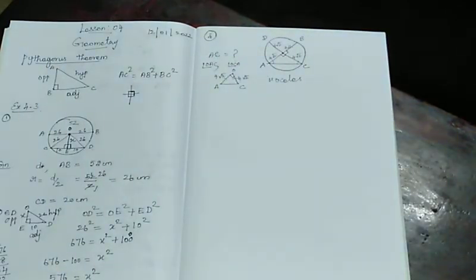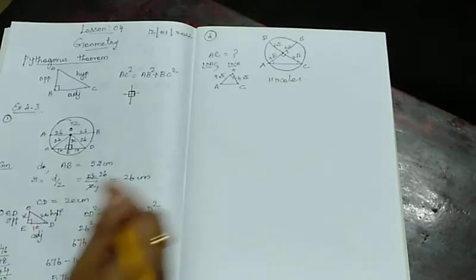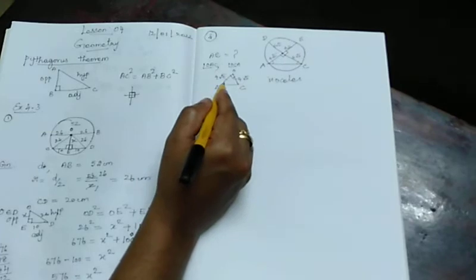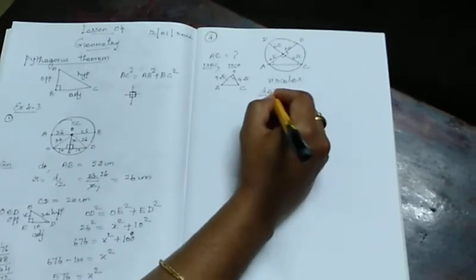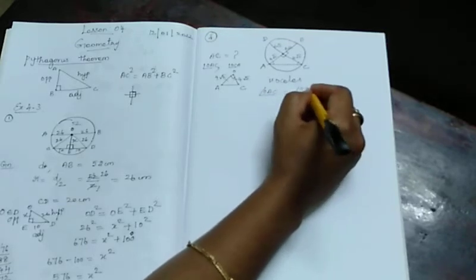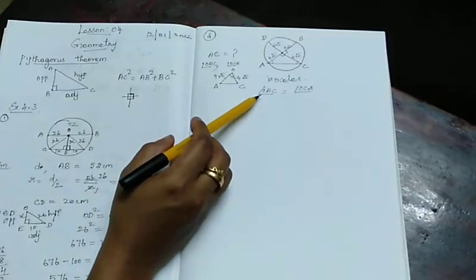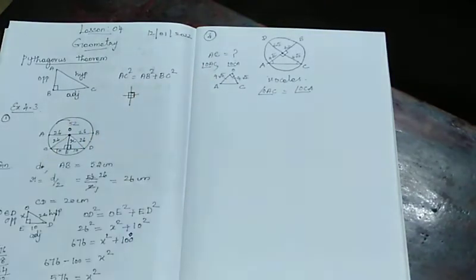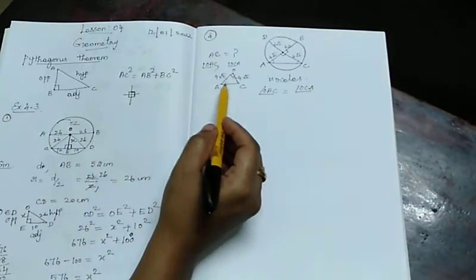In an isosceles triangle, two sides equal means what is also equal? Yeah, both angles are also equal. So one angle 90, so the remaining angles are equal. So angle OAC is equal to angle OCA. So any one value we get means the remaining value is also the same. Right ma? So look, this is a triangle. These two angles we need.